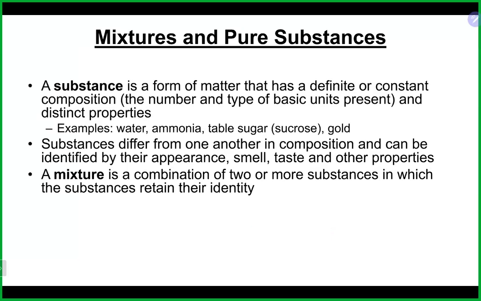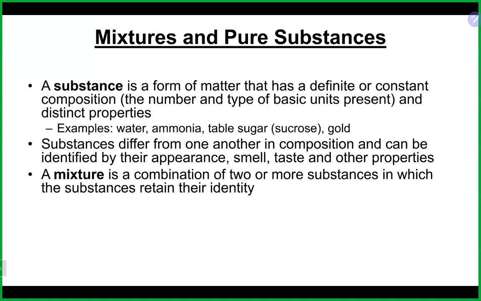The next thing we're going to talk about is mixtures and pure substances. A pure substance is pretty much what the name implies: you just have one substance present. No other substance is there. For example, if you had just pure water, you would just have water. If you had pure ammonia, you would have ammonia.